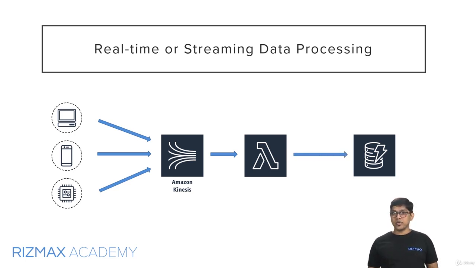Kinesis also provides data analytics services that can be used to build real-time analytics applications. And later in this course, we go through hands-on demos where we'll process streaming data from Kinesis as well as from DynamoDB streams using AWS Lambda.